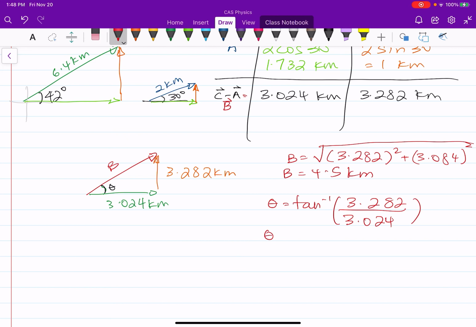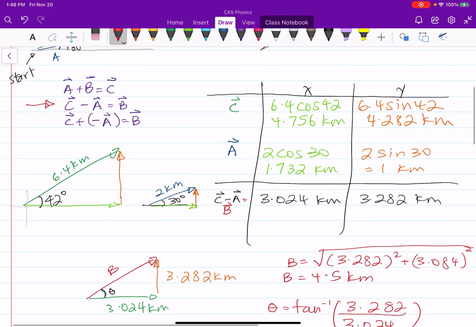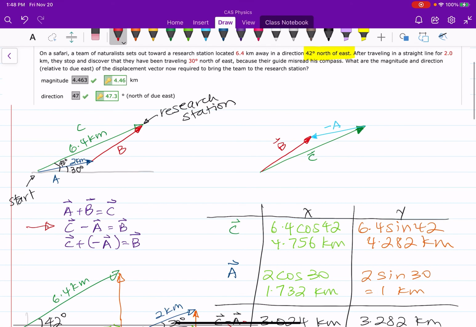And then we get theta equals 47 degrees. So in terms of putting in our answer, the magnitude is the one you get from doing Pythagoras, and the angle is the one you get by doing tan inverse.